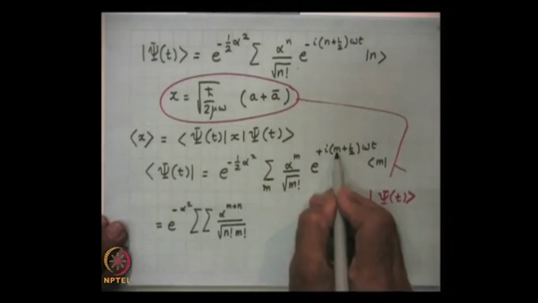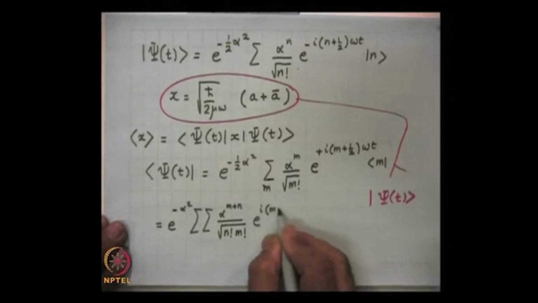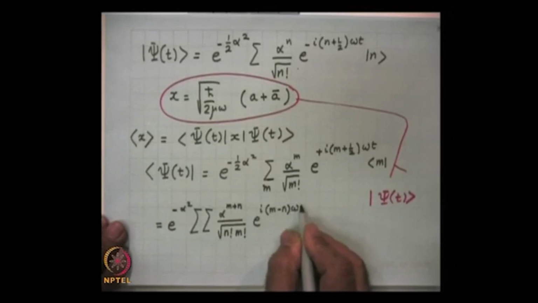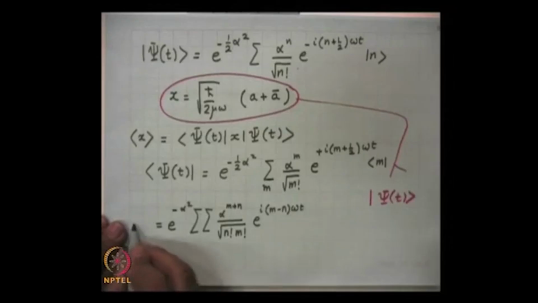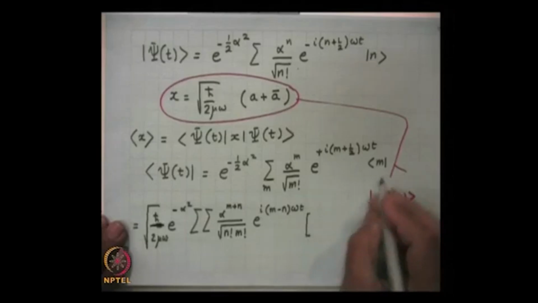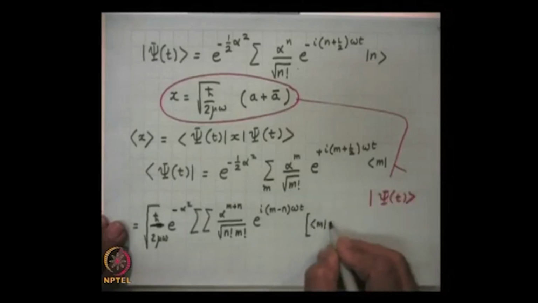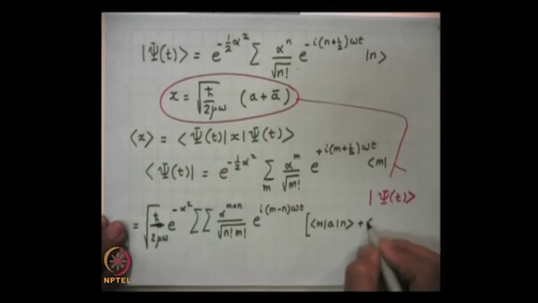This will be m minus n, the half will cancel out, e to the power of i m minus n omega t. Actually, I can take this under root of h cross by 2 mu omega outside, and this will then be two terms. Please see this: bra m, A, ket n, plus bra m, A bar, ket n.